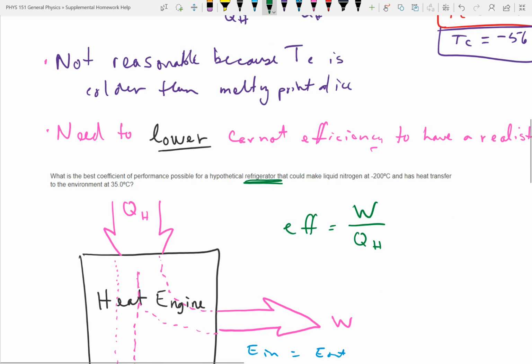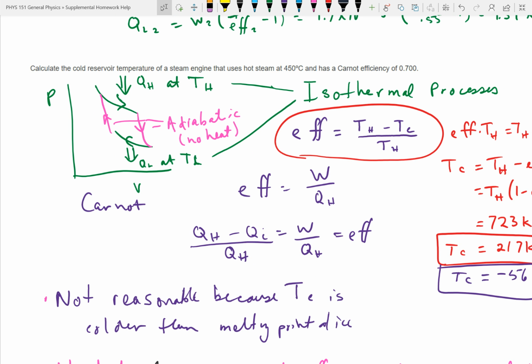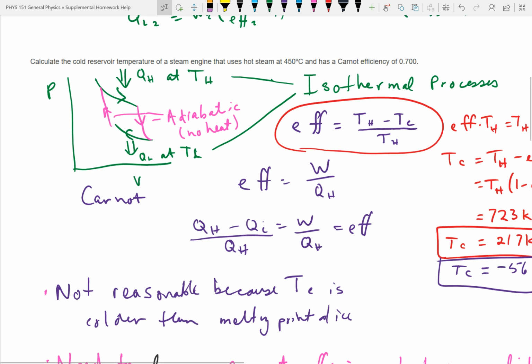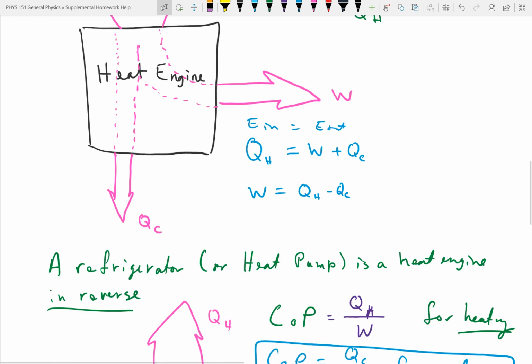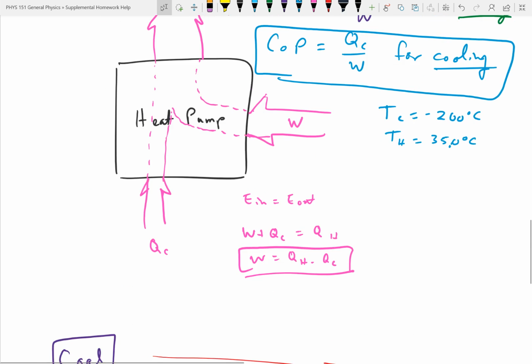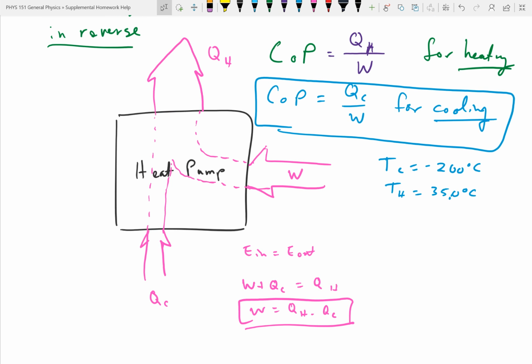How would we connect work to heat? If we look at what we've done before, we talked about the Carnot engine, and the Carnot cycle is the most efficient cycle possible. And so we're going to get the best coefficient of performance as well with the Carnot cycle. So the first thing is we're going to say, well, for our best possible efficiency or coefficient of performance, we will use the Carnot cycle.